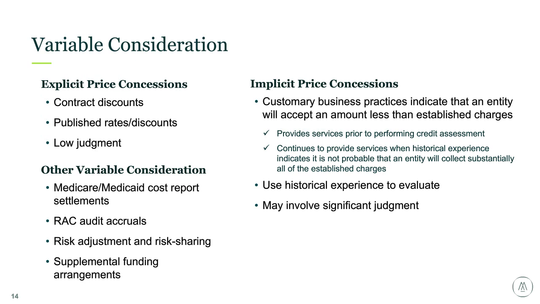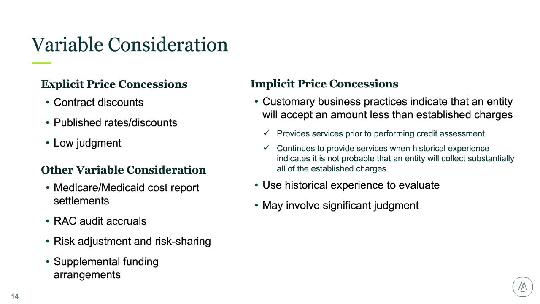And then secondly, implicit price concessions are where customary business practices indicate that an entity will accept an amount less than established charges and either provide services prior to performing a credit assessment or continues to provide services even when they know they will likely not collect all of the established charges. So again, think about that uninsured patient example.